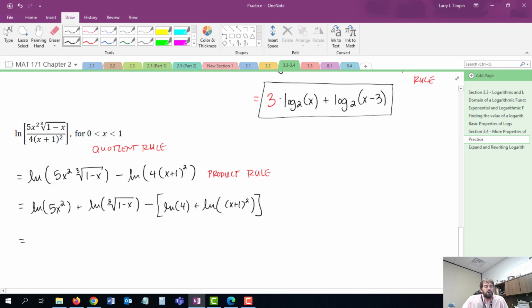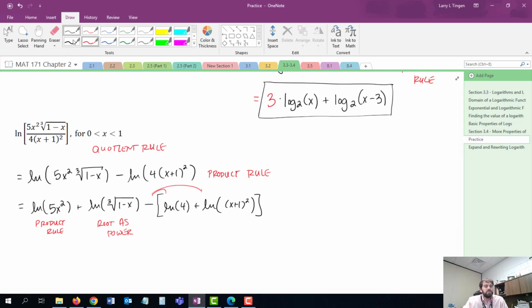Take a look at my first log. My first log still has some product rule in it, right? So I have two things that are multiplied. So I'm going to apply the product rule again on this first term. I'm going to rewrite a root as a power here, which that's not a rule, that's just a property. And I'm going to distribute that subtraction.